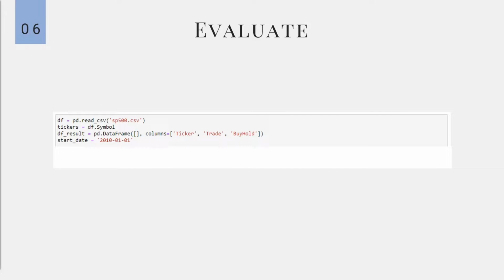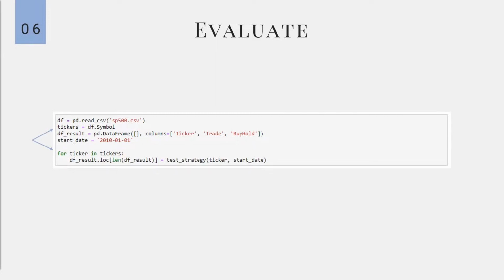In the second column we will have the trade profit, so the profit we would have made if we would have traded this Bollinger Band strategy, and in the last column we will have the profit for the buy and hold strategy. And we start at the date 2010.